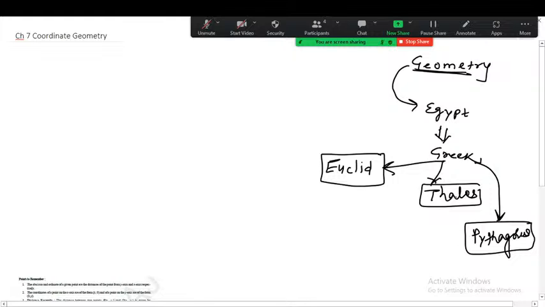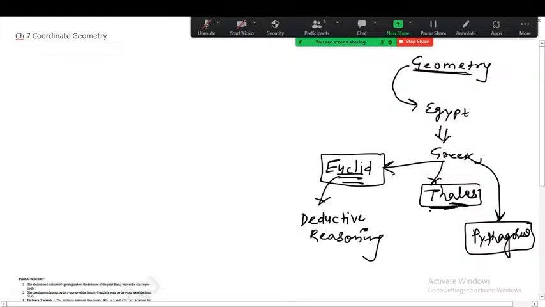Pythagoras was a disciple of Thales, and Euclid's geometry was first developed, in which we make use of deductive reasoning. That means we first frame a set of rules, and by using those rules we prove something.